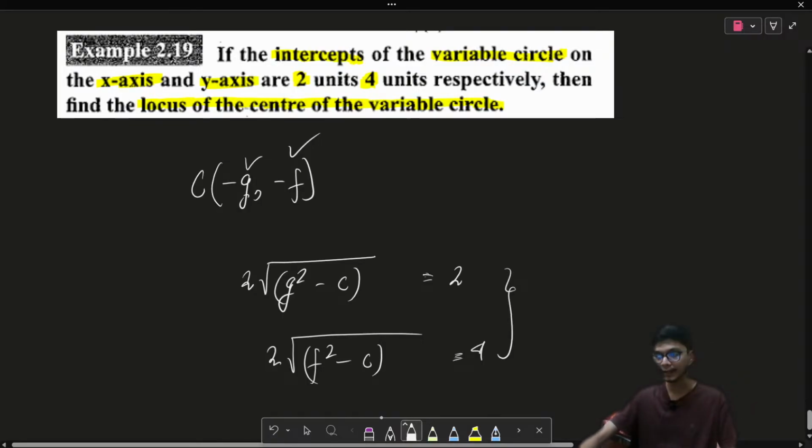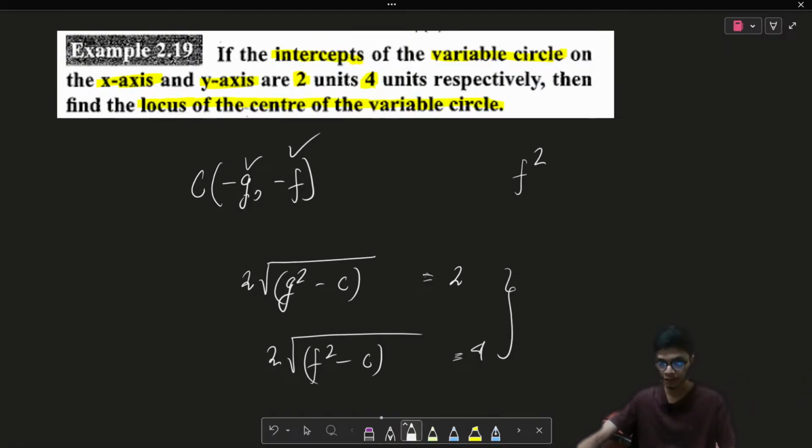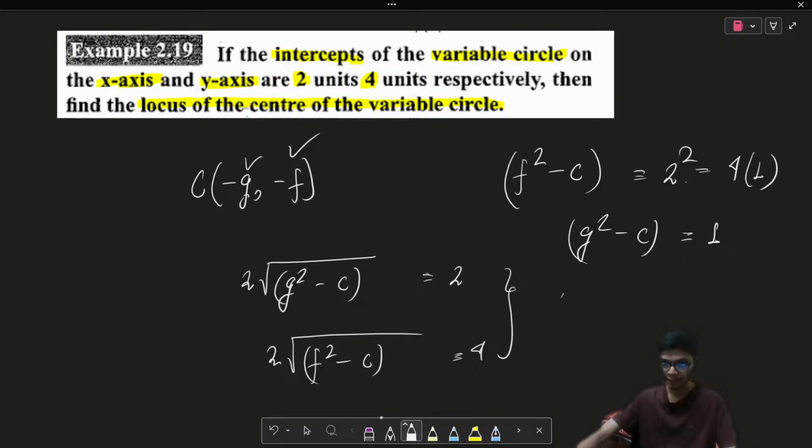So from here I can relate one equation: f square minus c will be equal to 2 square, which is 4, and similarly g square minus c would be equal to 1. Let us call this the first equation and this the second equation; if I just subtract them, I am going to get rid of this unknown c, right?